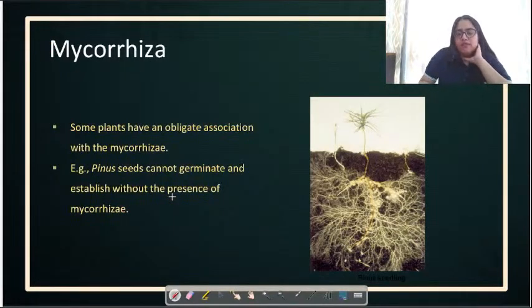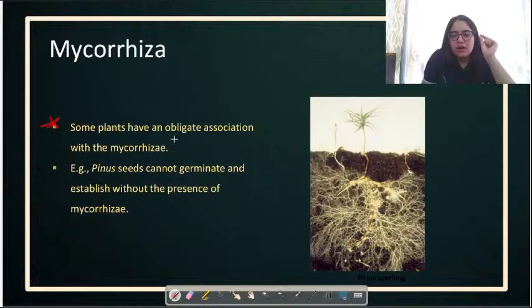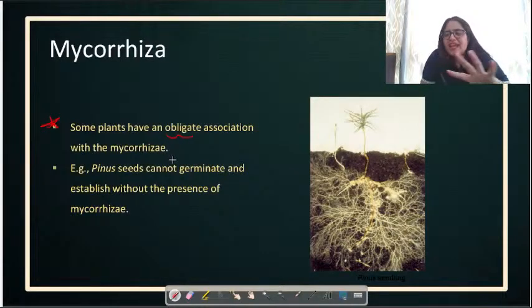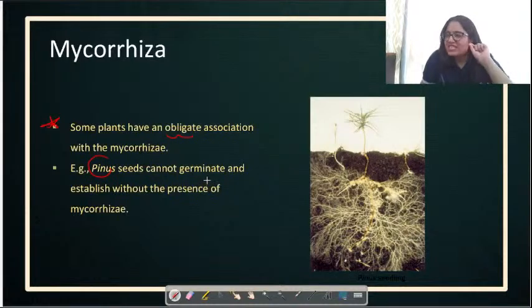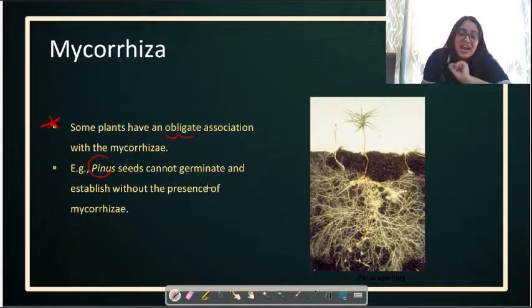Alright, now the last point under mycorrhiza that we need to discuss is that in some plants this mycorrhizal association becomes obligate. Obligate means that without any exception, you have to have it, right? For example, seeds of the pinus tree, which is a type of gymnosperm, will not be able to germinate until and unless they establish a symbiotic relationship with the fungal filaments, right?